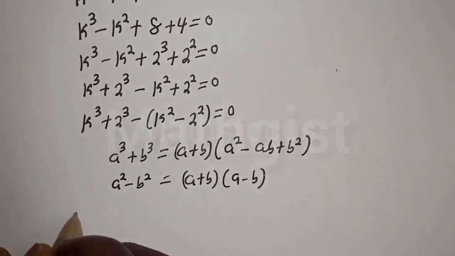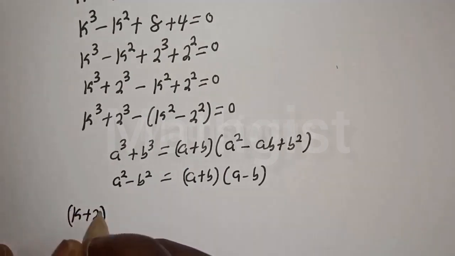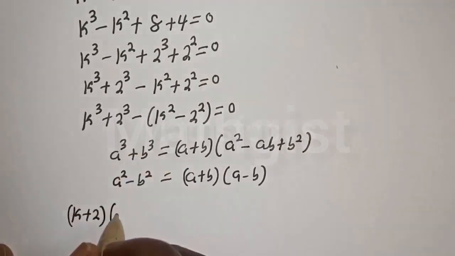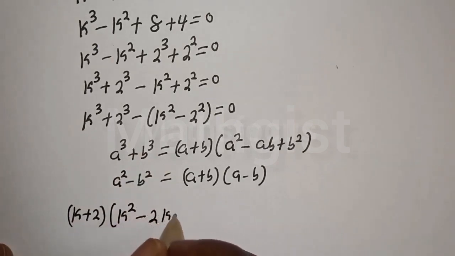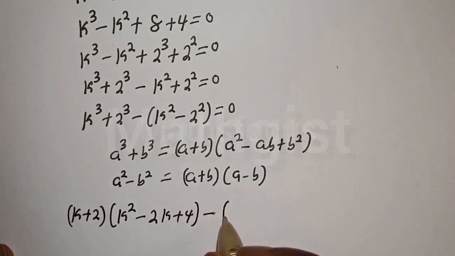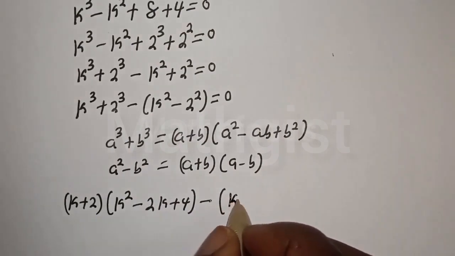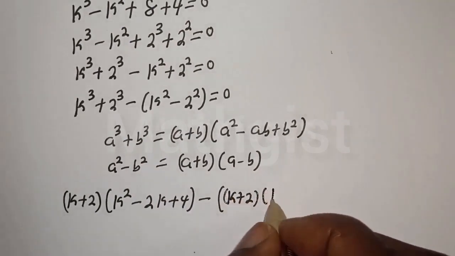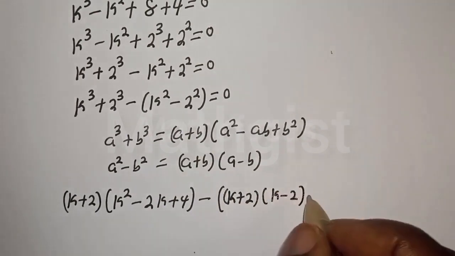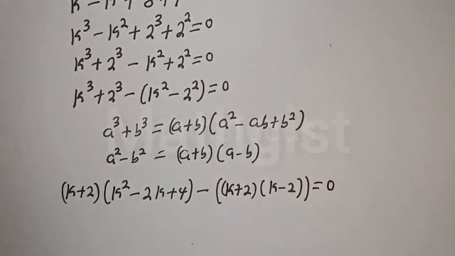Here is k plus 2 bracket k squared minus 2k plus 4 minus k plus 2 multiplied by k minus 2 is equal to 0.